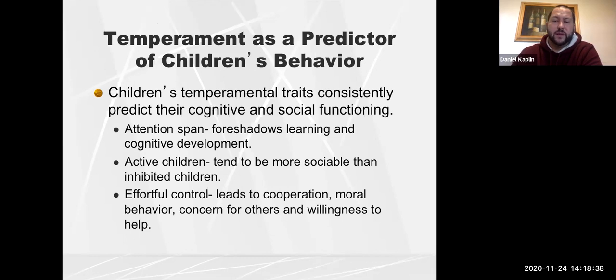A child's temperament can predict their cognitive and social functioning, things like attention span, right? We can see how that predisposes a child for success or lack of success in learning, as well as cognitive development. Active children tend to have greater social networks than inhibited children. Those with greater levels of effortful control tend to be more cooperative and willing to help than their counterparts.